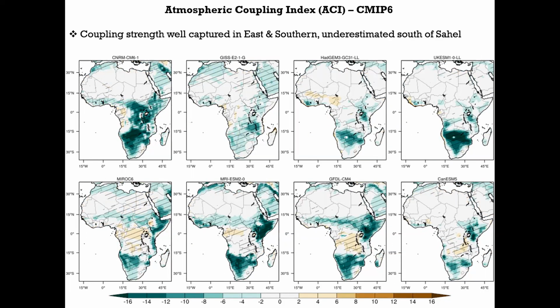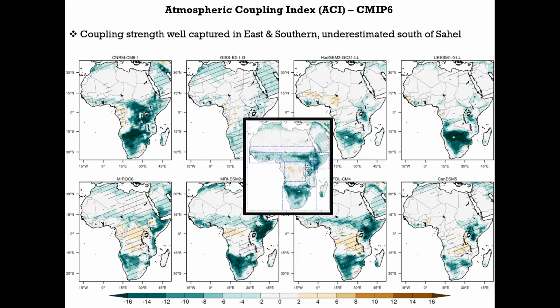Considering the atmospheric coupling index, this is the result from the models. Based on ERA5 as our reference, we note that the models also tend to overestimate this strength, especially over Southern Africa. For some models, the intensity is very strong towards the south, while in the observation the strength is towards the northern boundary of Southern Africa.